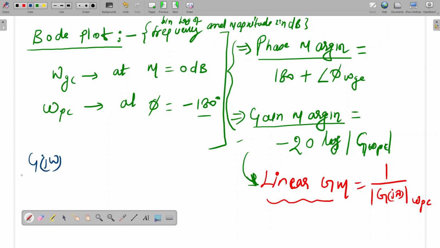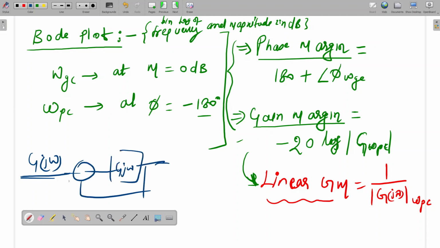That is the open loop transfer function, the plant transfer function. To design the controller, we do this analysis to make the overall closed loop transfer function stable.